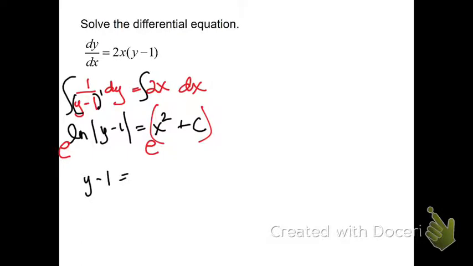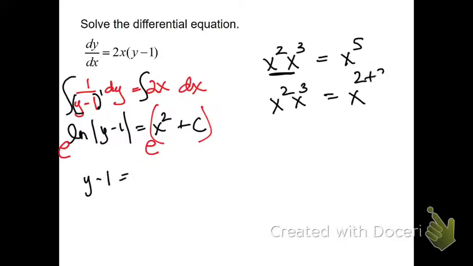Now on the right side, we have another crazy thing that's going to happen here because of this c. So off to the side, I'm going to show you something. If you know, and you do know, x squared times x cubed is x to the 5th, right? In multiplication, you can add, right? Well, that's kind of like saying x squared times x cubed is the same as x to the 2 plus 3, right?